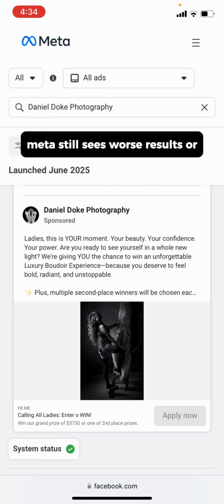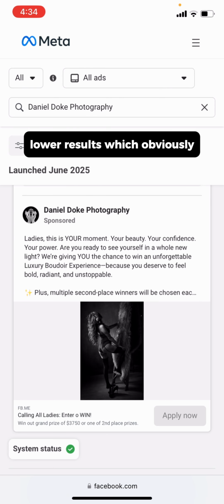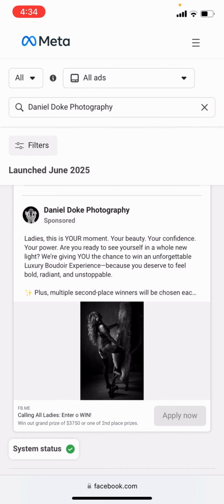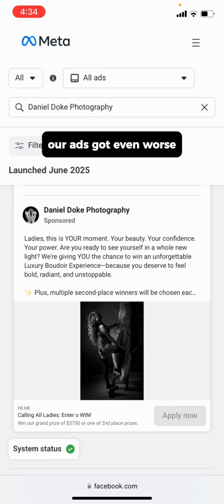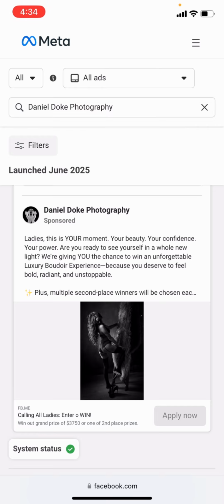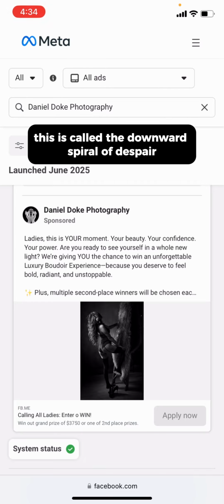Meta still sees worse, or lower, results, obviously, because our ads went to lower quality meta profiles, and then our ads go to even worse meta profiles for tranche 3. So the cycle continues. This is called the downward spiral of despair.